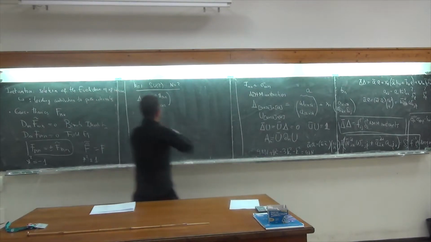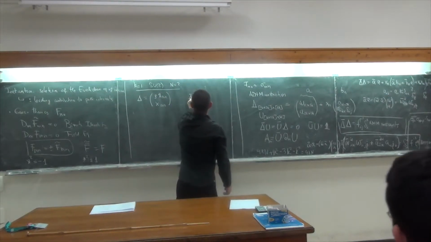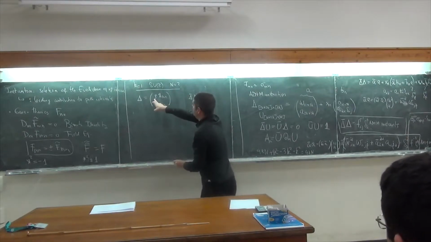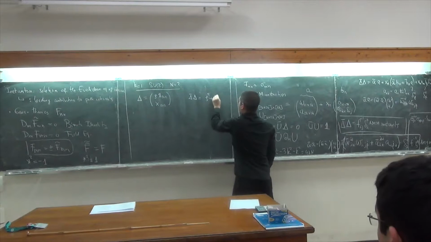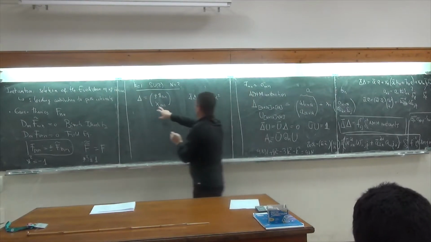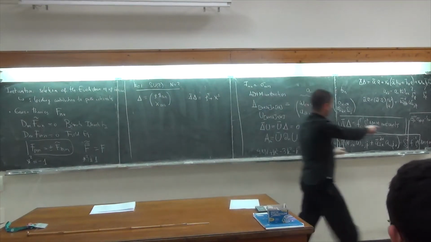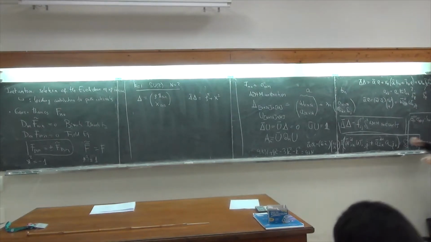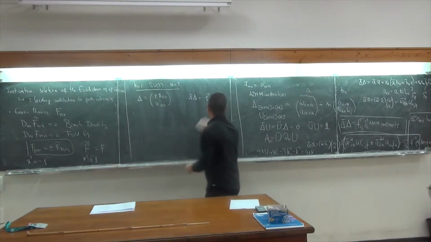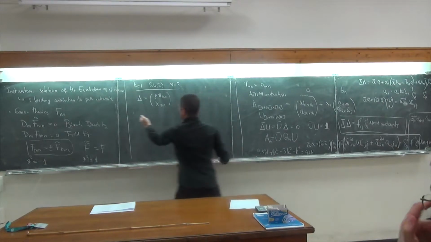You see, delta bar times delta, if you compute here, this would be rho squared plus x squared. Again, here, you use this relation. Let's compute delta bar.